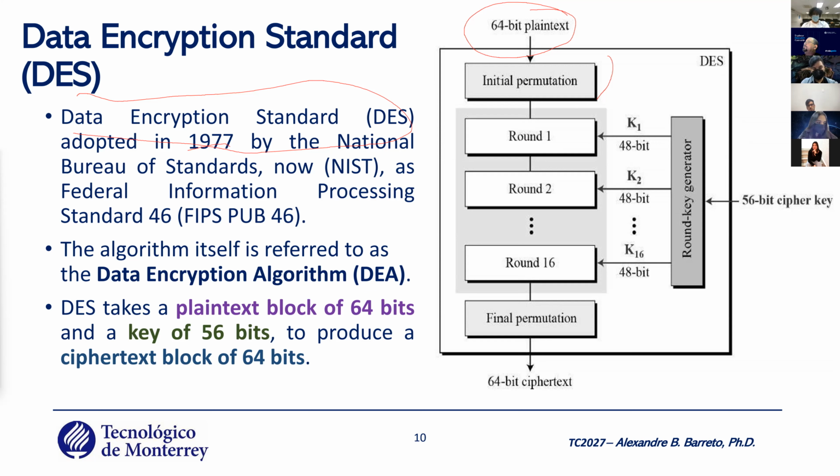Okay, so you divide the data in 16 rounds, and you have the round key generator. You receive a 56-bit cipher key, and you generate 16 keys with 48 bits.